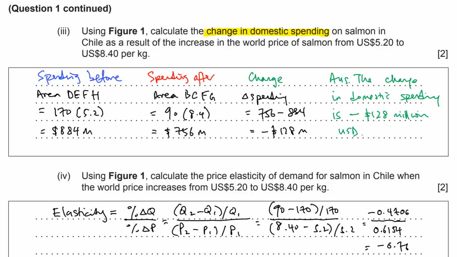So essentially, my strategy here is we need to figure out what the spending was before the price increase, so at $5.20, and then we need to figure out what the spending is after the price increase at $8.40. And then we just take the change, right? So we take the after spending and subtract the before spending, and that's going to give us the change in spending as a result of that price change.